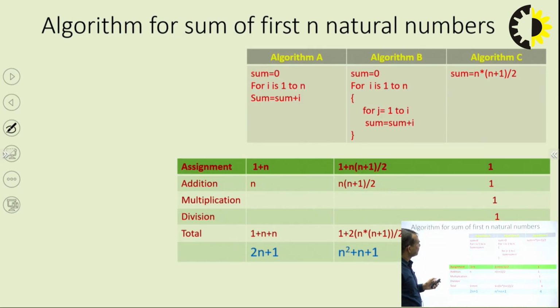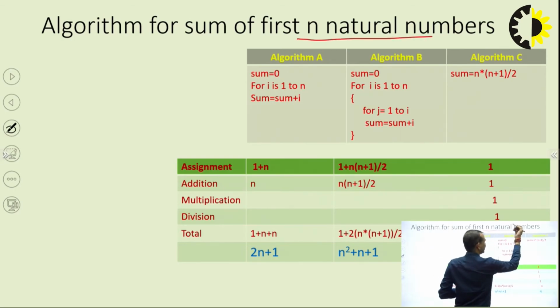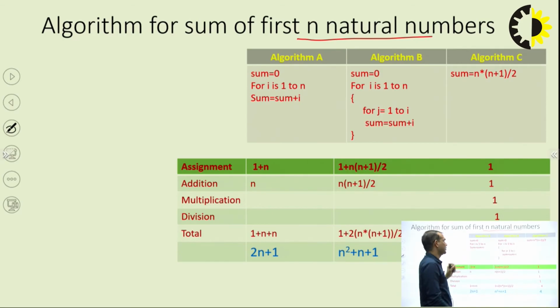Before asymptotic notations, how can we represent this in a model? So we take a small example: we have to write an algorithm to sum the first n natural numbers, and we write 3 algorithms here. First one: define sum equal to 0. Second: i equal to 1 to n and sum equal to sum plus i.